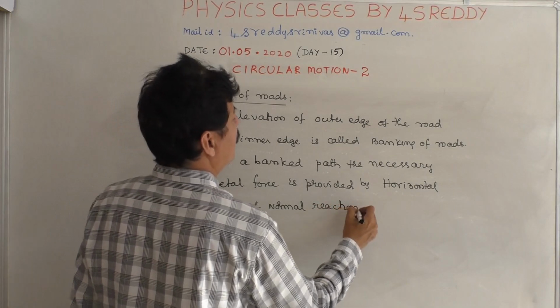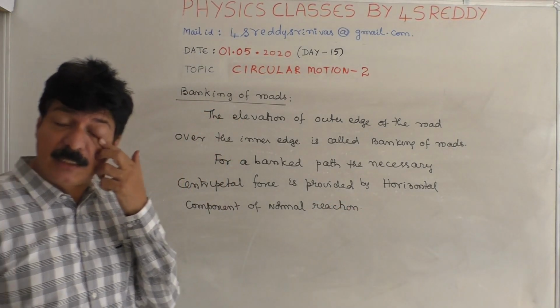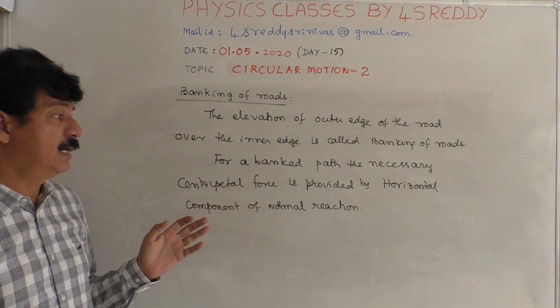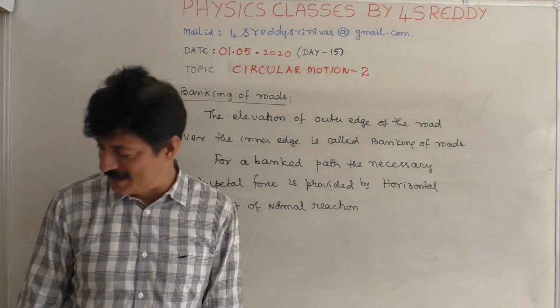This is the point we should know. Whenever a path is banked, then the necessary centripetal force is provided by the horizontal component of the normal reaction.